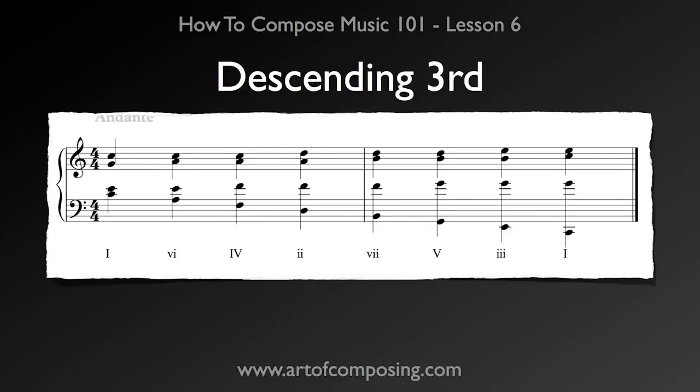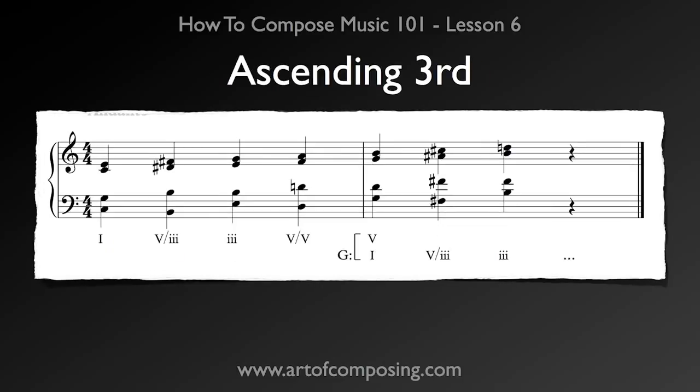The descending third progression is very common on its own and also frequently has passing chords between the thirds. The ascending third is the least common. It also has a version with passing chords.